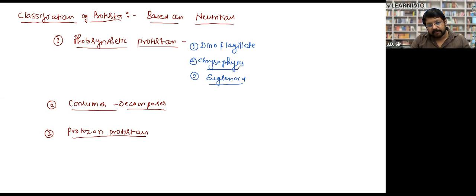We'll study in detail what the Chrysophytes and Dinoflagellates are, but there is a similarity between all these 3: they all make food with the help of photosynthesis. Means they are autotrophs and have the capability to make food by photosynthesis.